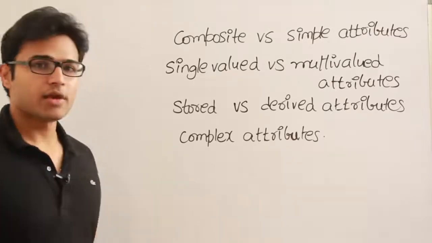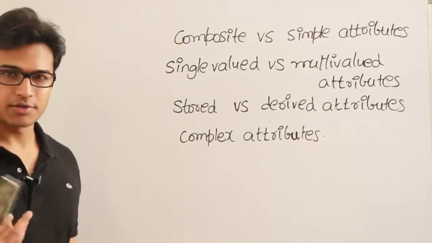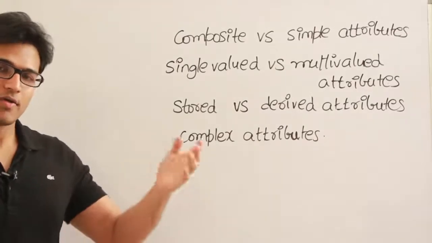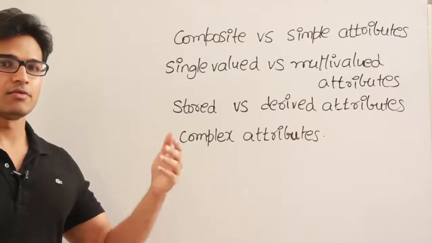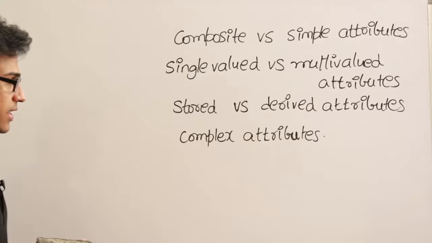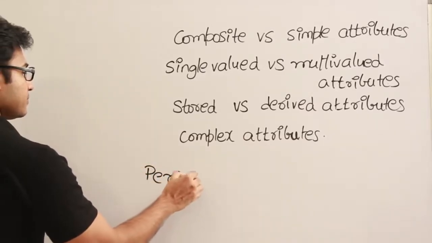Now, what are the various types of attributes? There are various ways I am going to classify attributes. So let's classify all of them, and then we shall discuss the relationship between one classification and the other, right? So let's take this simple one. Assume that person is an entity, right?